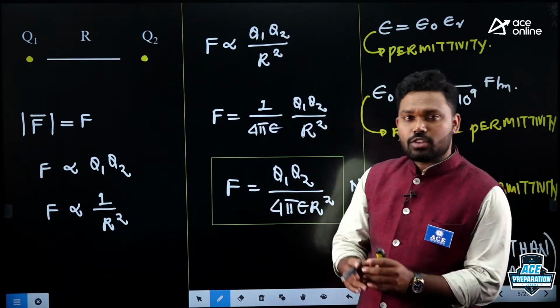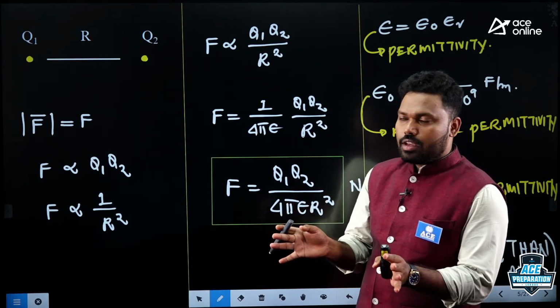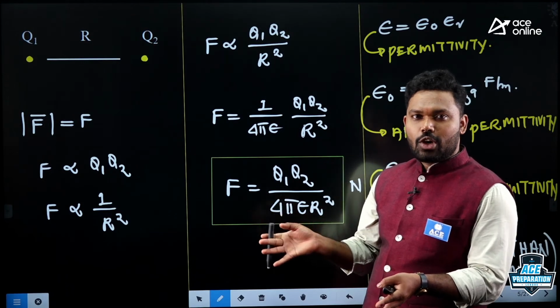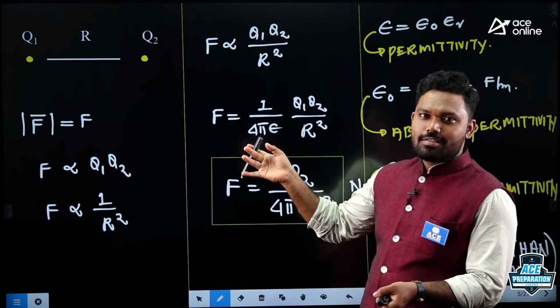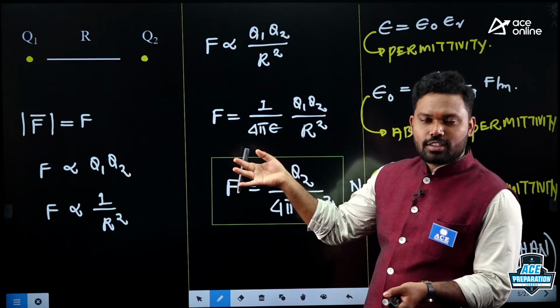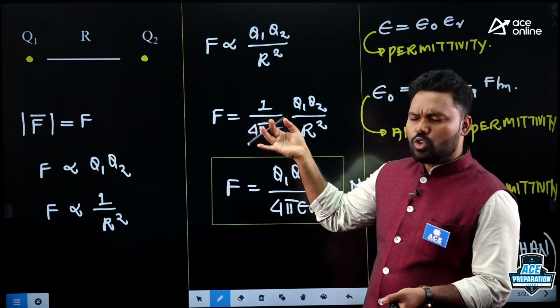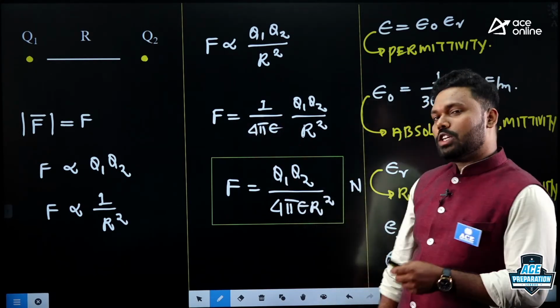What is this Coulomb's law talking about? And there is one famous meme, memes are also there on the internet, you can check out. Some will say that Coulomb has copied this Coulomb's law from Newton. There are some famous jokes also there. Why? Because what does Newton talk about?